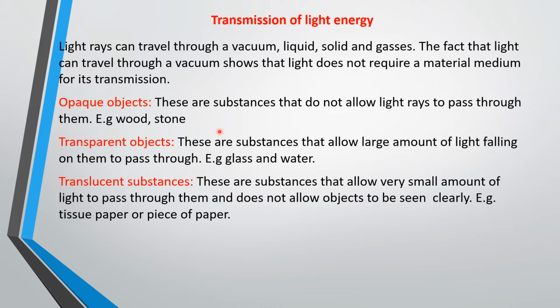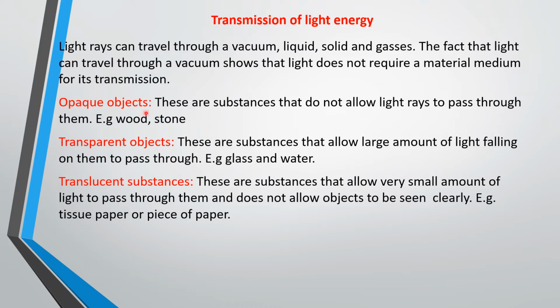But remember that sound requires a material medium for its transmission. There are objects that allow light to pass through them, while others do not allow light to be transmitted through them.